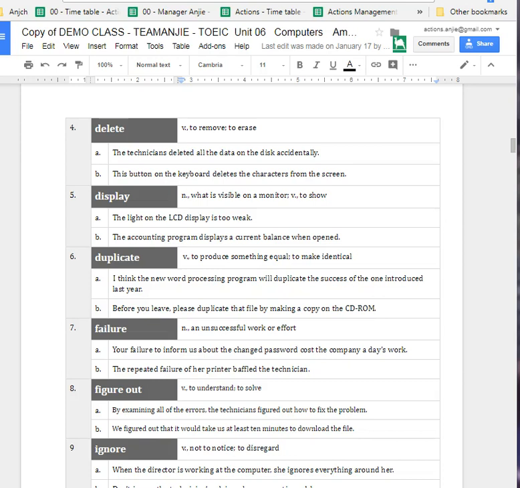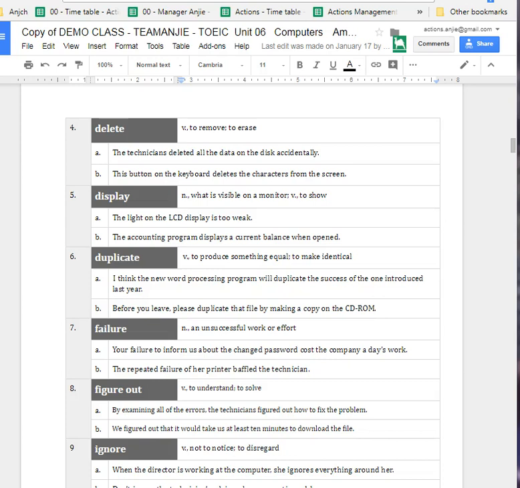Moving on. Next is display. For noun, display is what is visible on a monitor, or what you see right now on your laptop or computer monitor. And for verb, it is to show. The display on your laptop shows to you, okay?